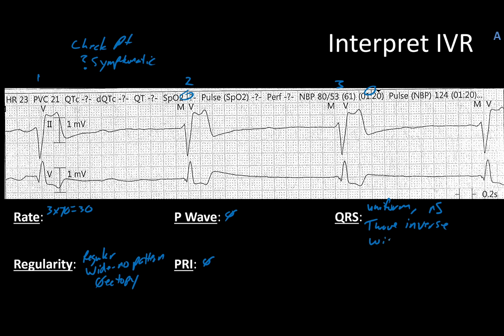We are wide. How wide is wide? Honestly, beat number 3 is the best one to measure. We have a pretty clear ST, or a J point there, so we're 5 across.